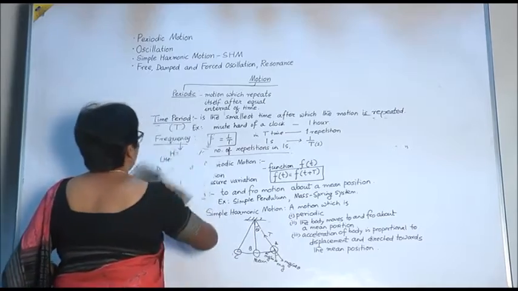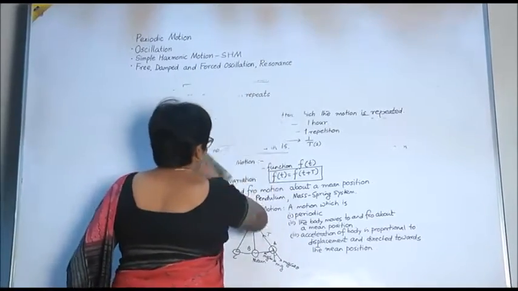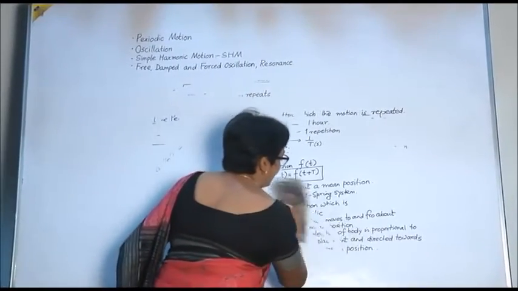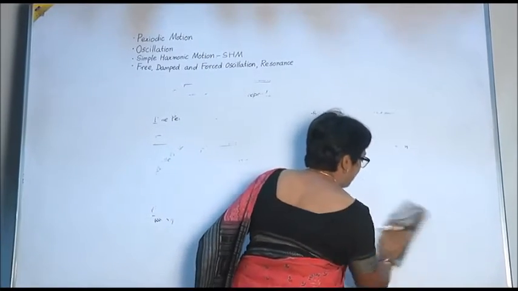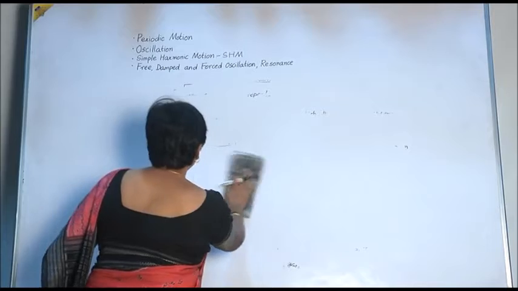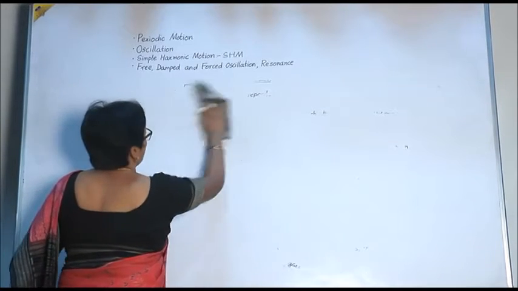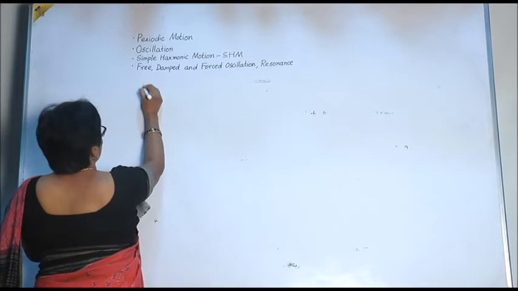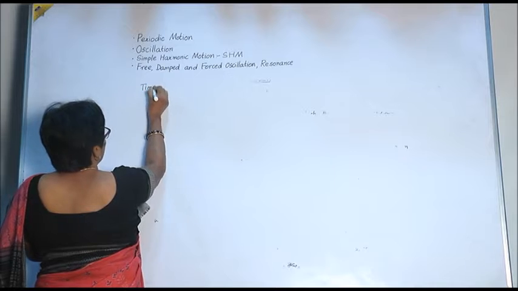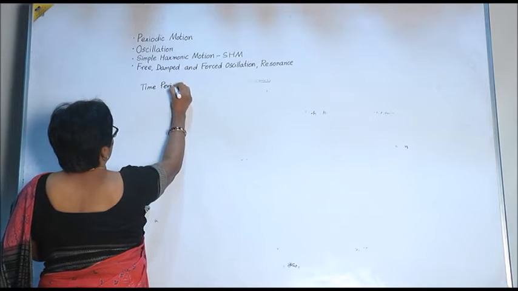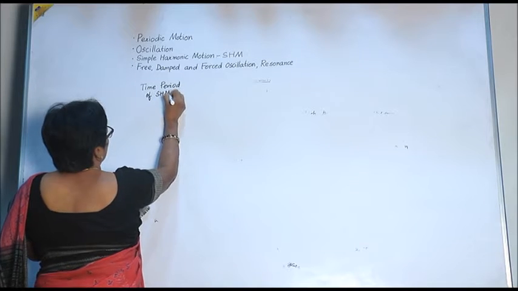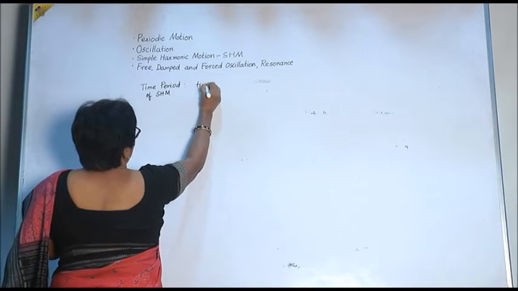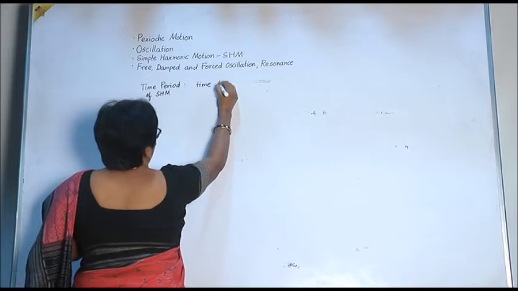In all these simple harmonic motion cases, we can define as before the periodic motion. Because it is a periodic motion, it has a time period, the time after which the motion is repeated. So, the time period of a simple harmonic motion is the time taken to complete one oscillation.